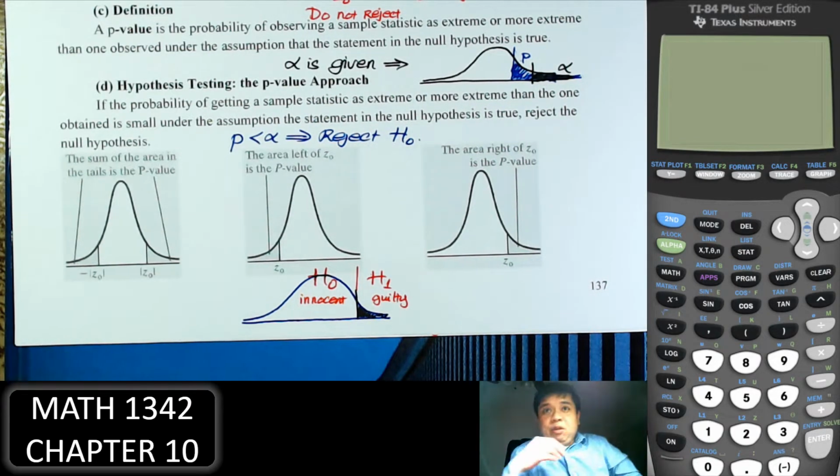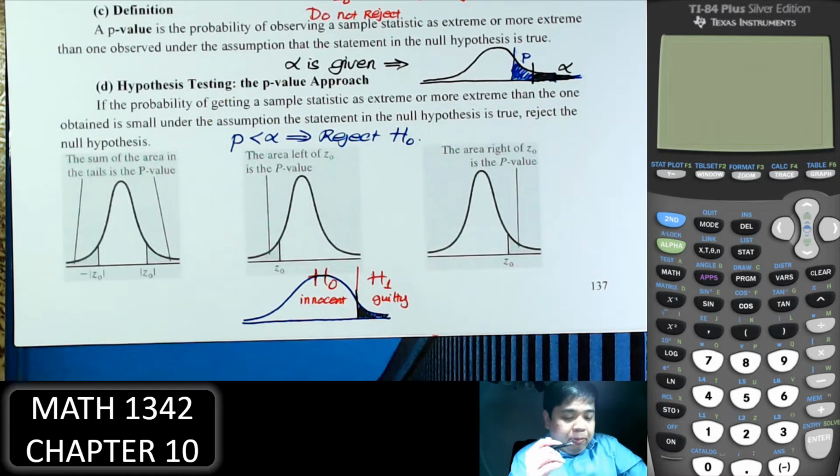Let's say before you go to court, you say, unless you are sure, and there's only 5% chance that you are wrong, then you say the person is guilty. Let's say you establish that 5% is your reasonable doubt.